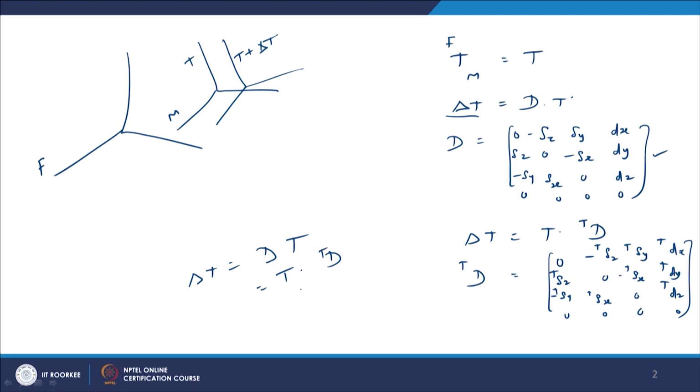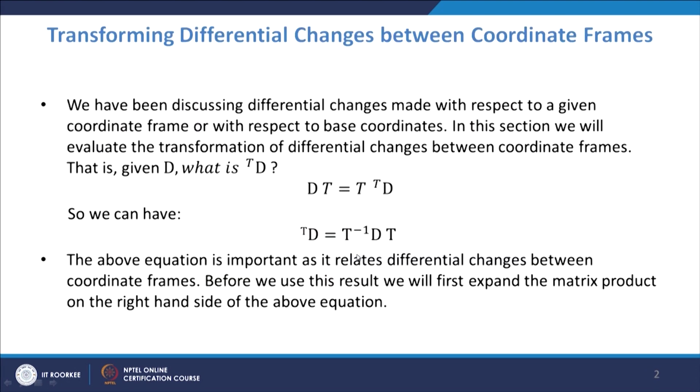So, the relation between D and D superscript T can be easily obtained from this relation. The practical meaning of this will be very useful in many robotics problems. Here D times T is the same as T times D superscript T, as seen in the earlier slide. So, D superscript T is given by this formula, T inverse D T.